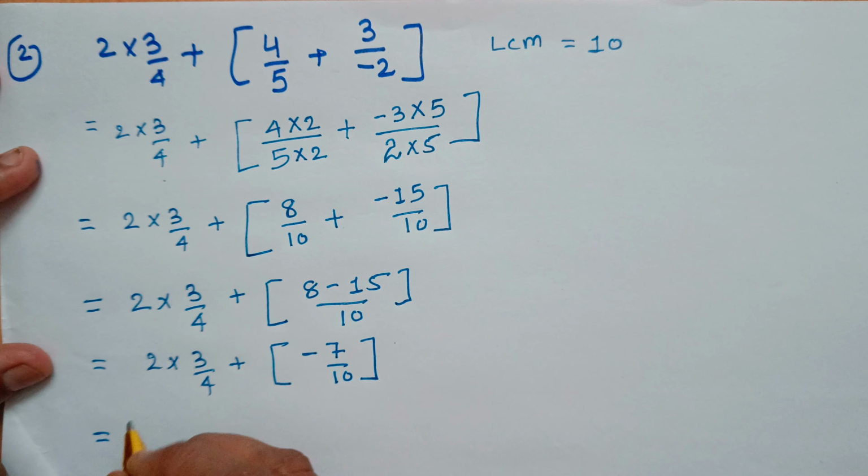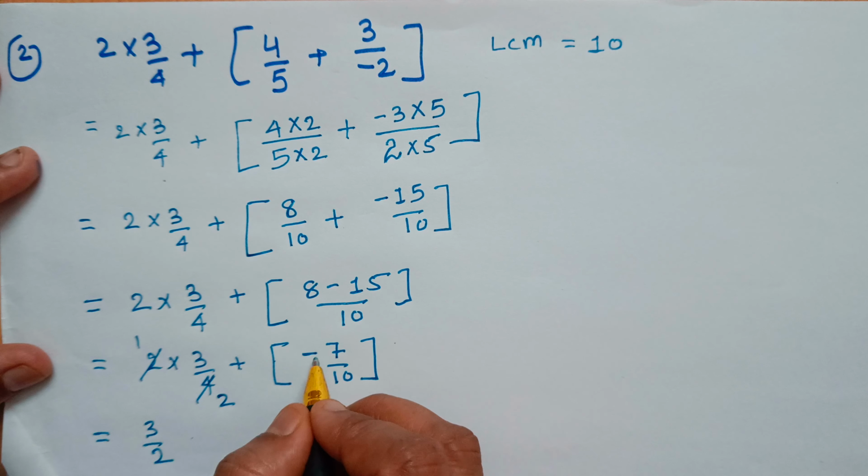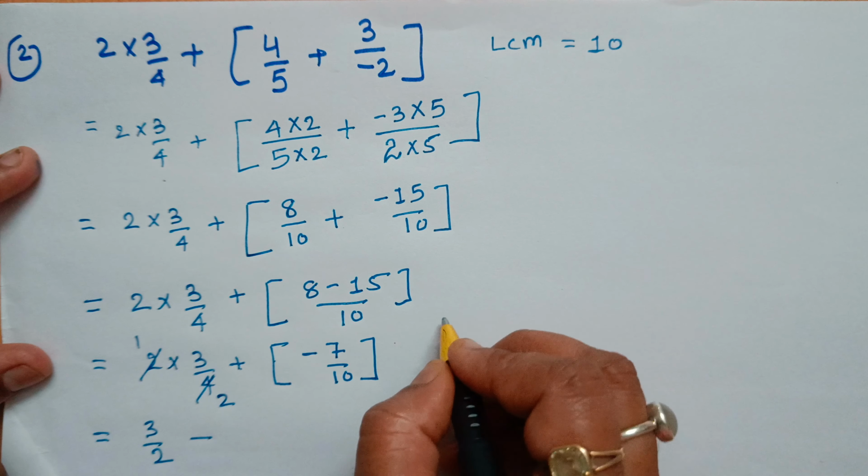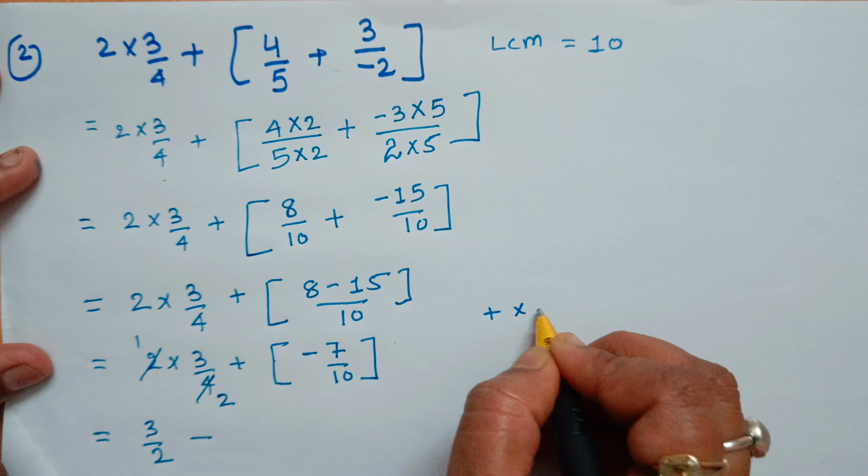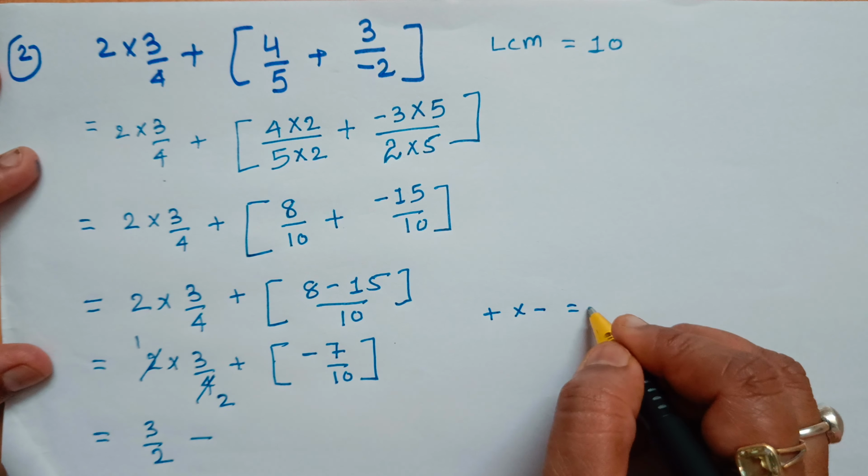Now 2 to the 4. Therefore it is equal to 3 by 2, plus multiplied by minus is a minus.